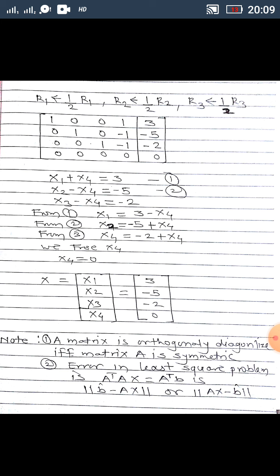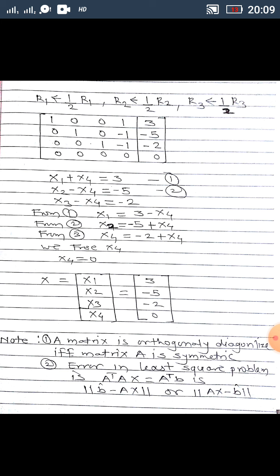In the third row, x1 is 0, x2 is 0, x3 minus x4 is equal to minus 2. Now see here, we free x4. The first equation we write for x1, that is 3 minus x4. Second we write for x2, that is minus 5 plus x4. And third we write for x3, that is x3 is equal to minus 2 plus x4.